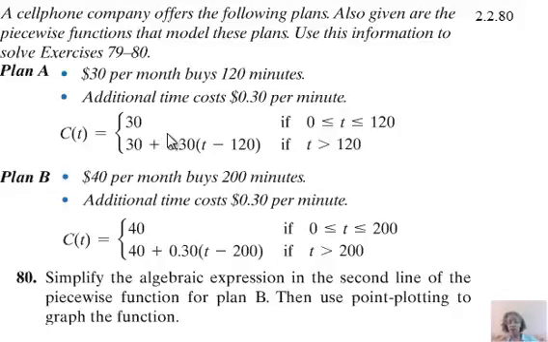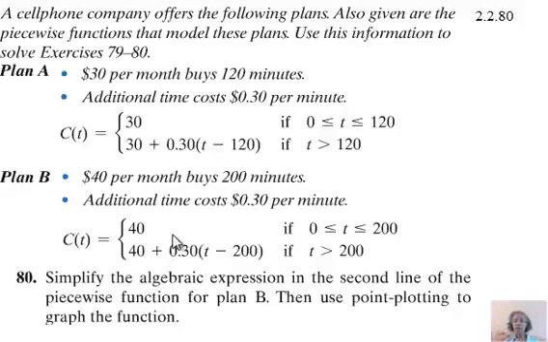As soon as you use more than 120 minutes, so if t is bigger than 120, then your cost is calculated using this expression, 30 plus 0.30 times t minus 120.